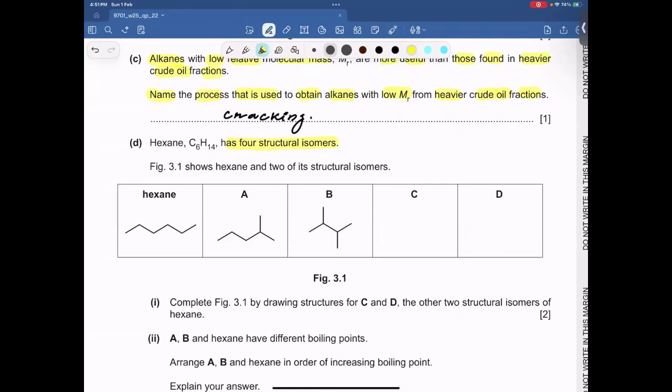So we are looking for chain isomerism only. The examiner has given us 3 structures. Let me write this one: CH3, CH2, CH, CH3, 1, 2, 3, 4, 5, and this one is 6.